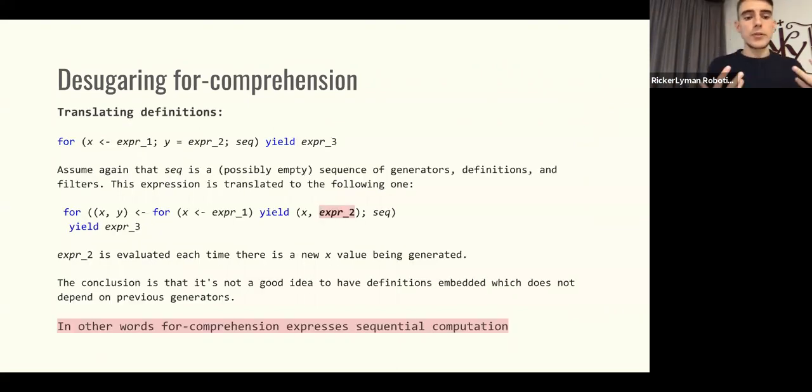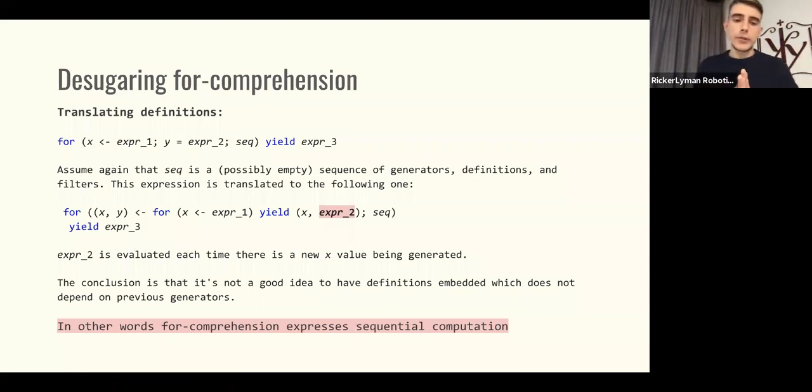And the definitions are a little bit weird here, and it takes some time to understand. Every definition will be translated into a nested for loop with a tuple on the left.